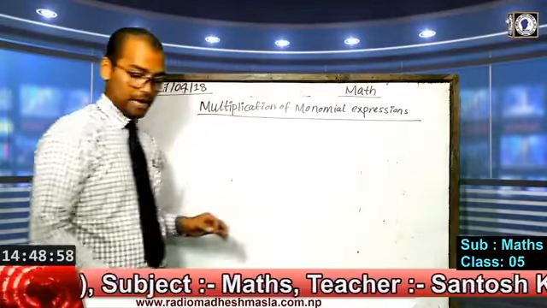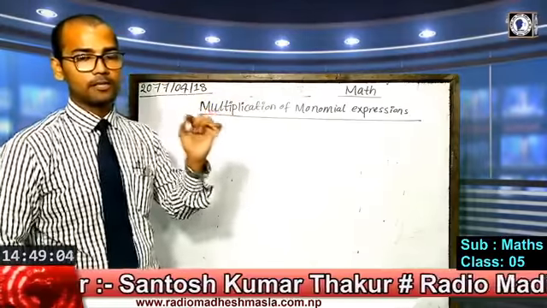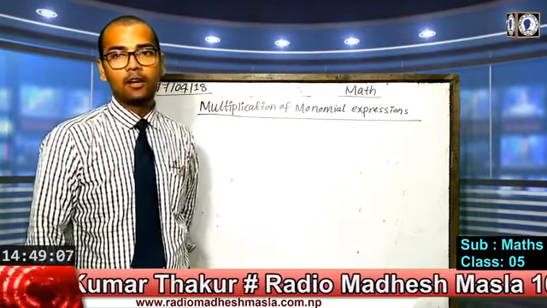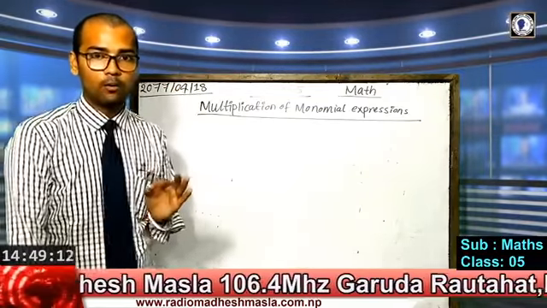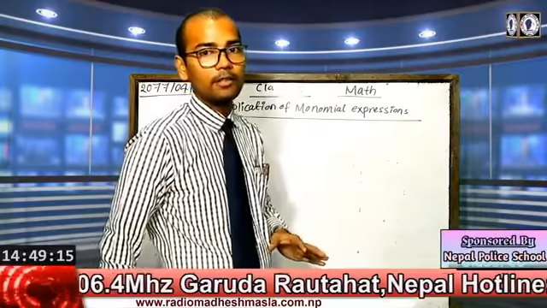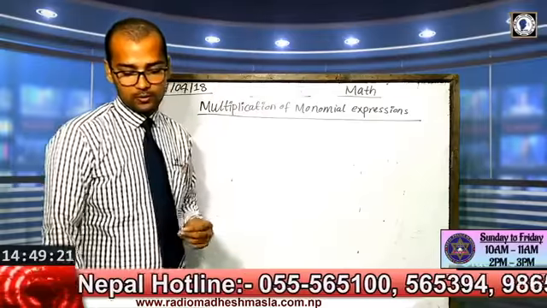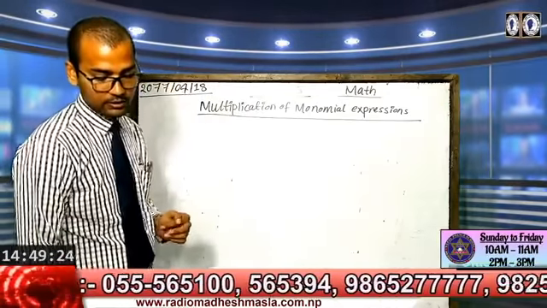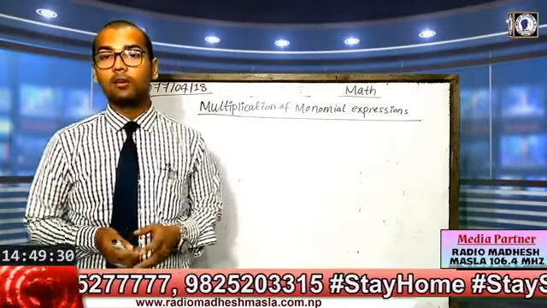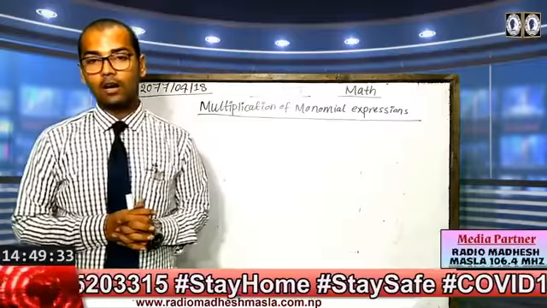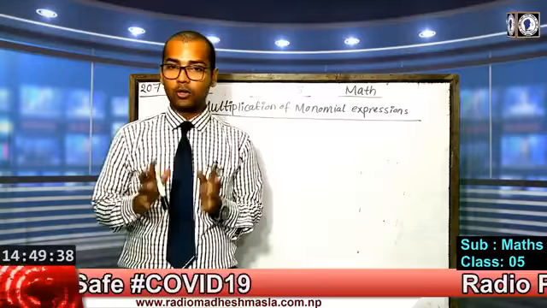Among the types of algebraic expressions, monomial is the first algebraic expression, having only one term. So for that we have some rules.